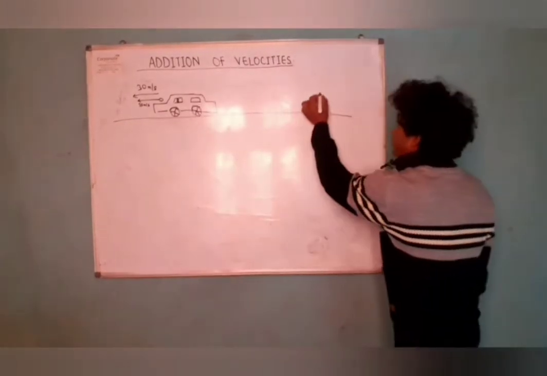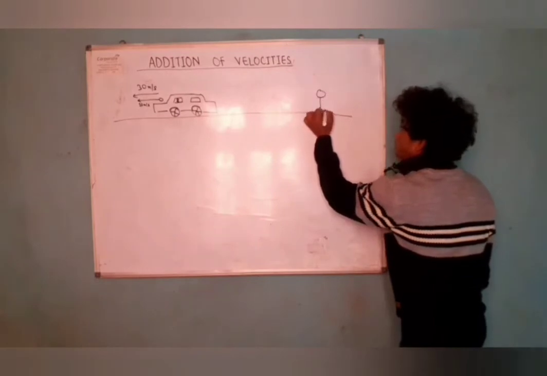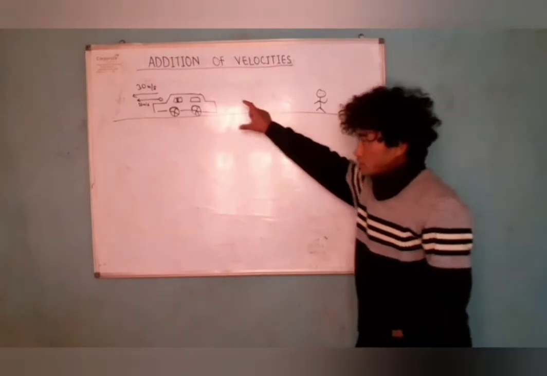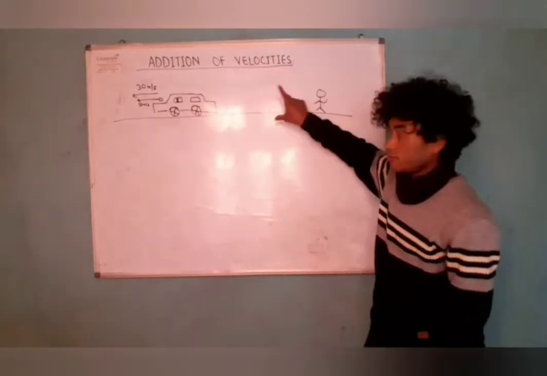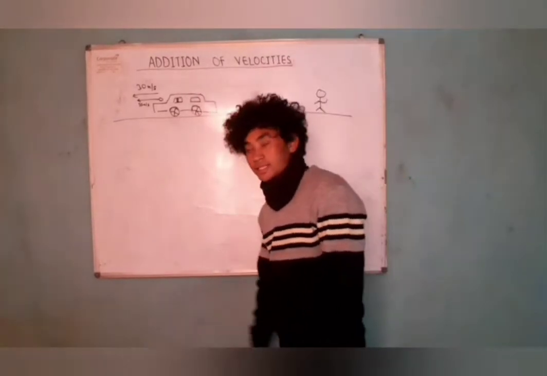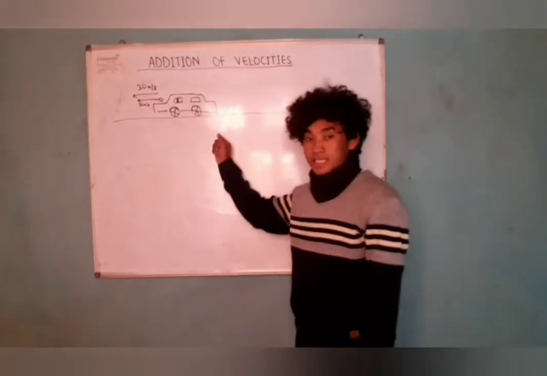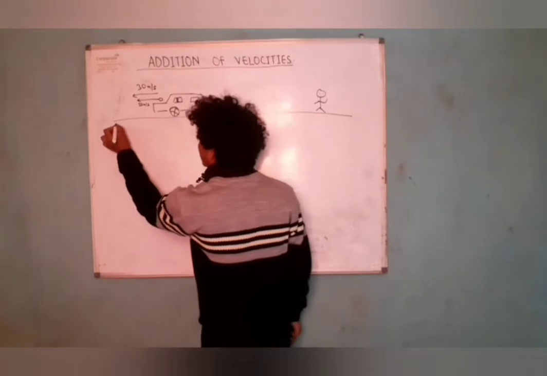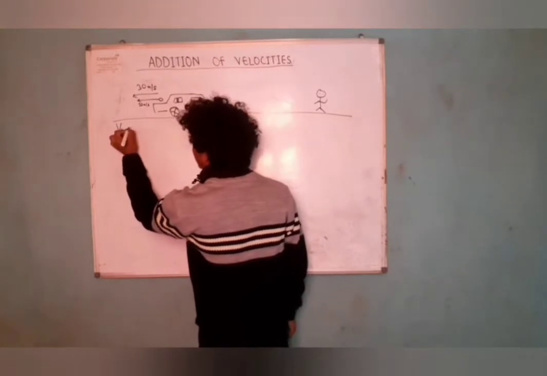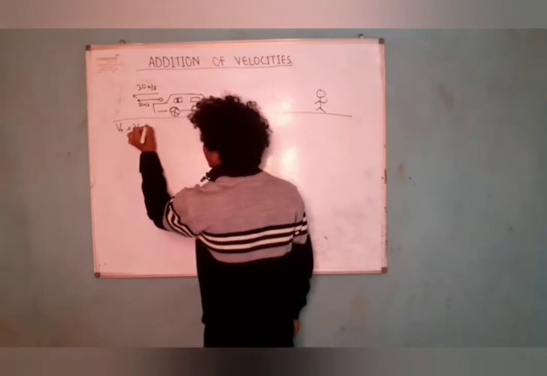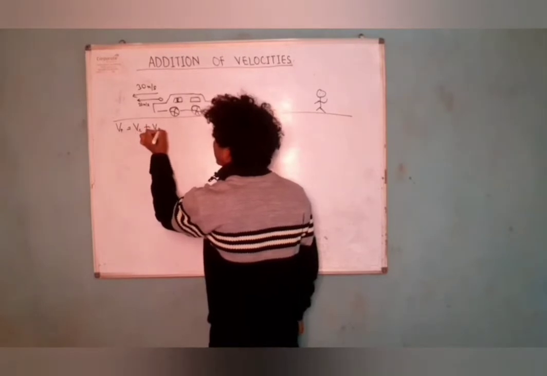The observer who is observing this car, according to his frame of reference, found the total velocity of ball to be 40 meter per second. So total velocity equal to velocity of car plus velocity of ball.